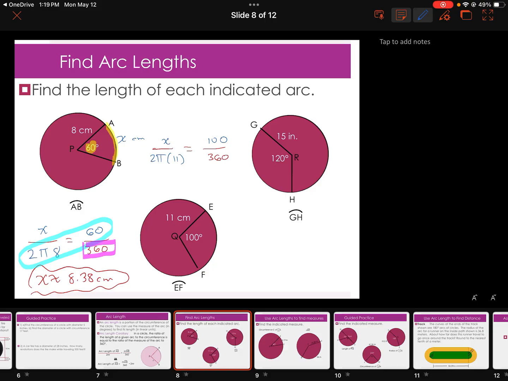Okay, so I'm just typing this in. I end up with 19.20. And that's in centimeters.